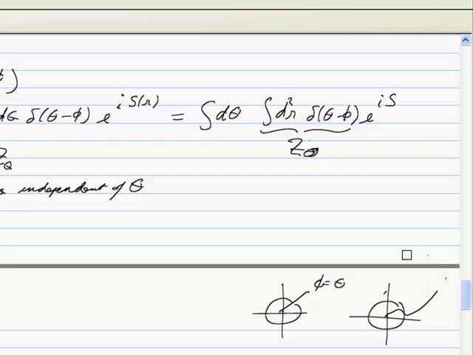Sorry, it's a function of all the coordinates. g of r equals 0. So it's some path here.